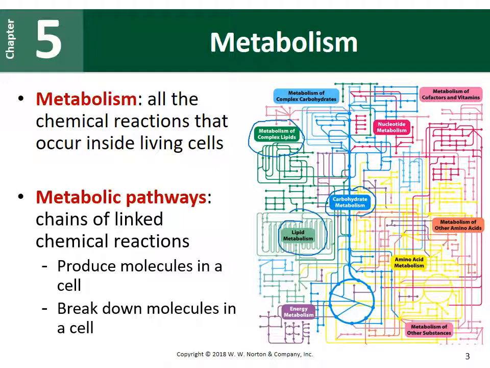We have nucleotide metabolism, which are our nucleic acids, so the DNA and the RNA. We can also metabolize amino acids, which are used to create proteins. So we see all four of our different biological molecules listed here, and cells are constantly creating these molecules and also breaking them down. And this also has to do with energy transfer.